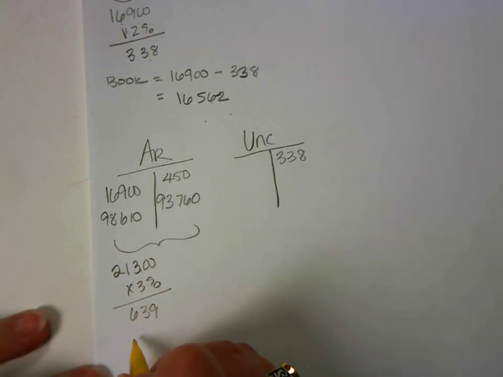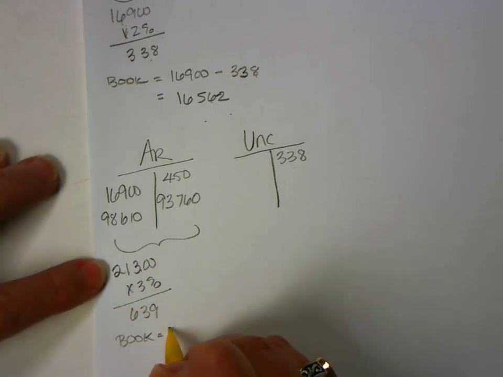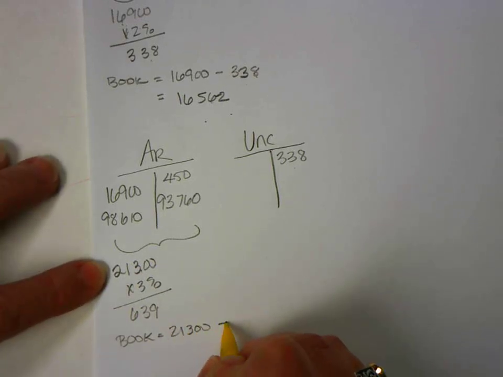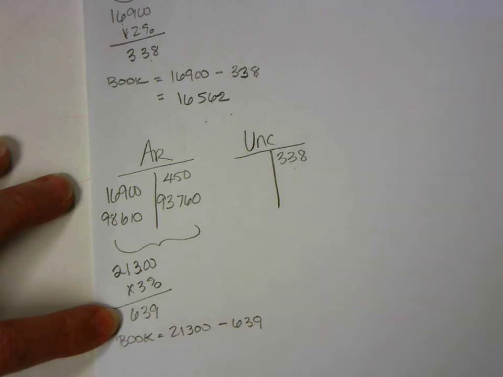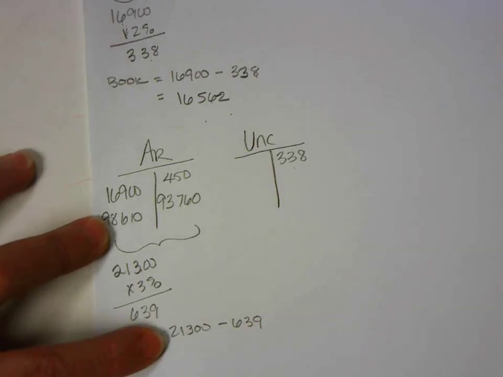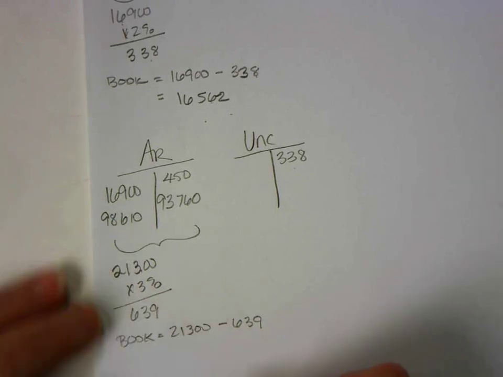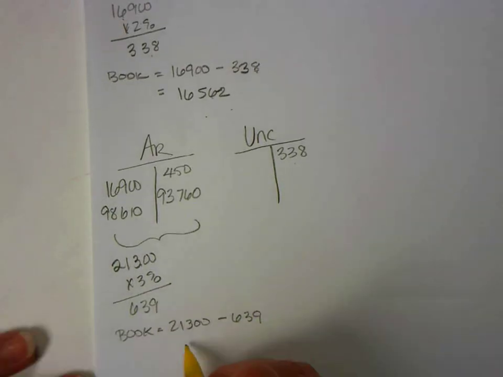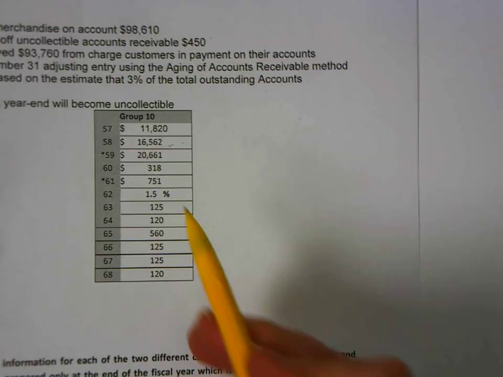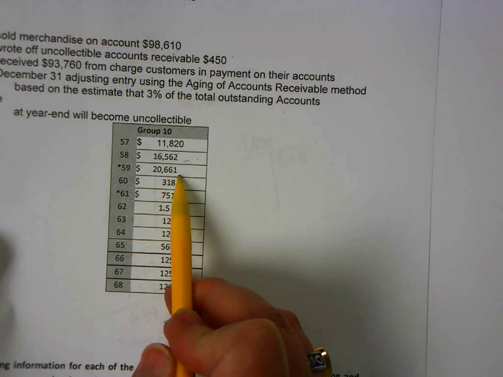Okay, so the book value equals my 21,300 minus 639. So 21,300 minus 639, and that's equal to 20,661. Okay, so there we go, 20,661.